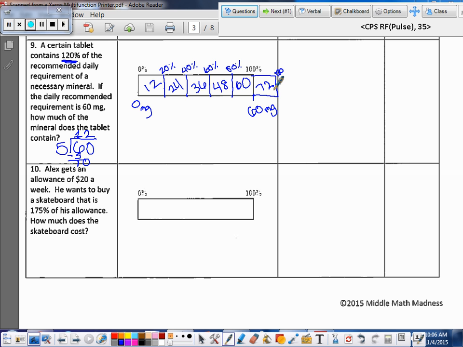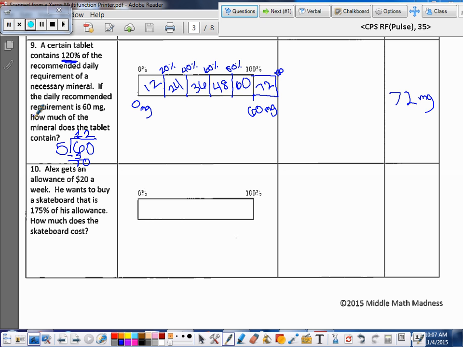So, how much does the super tablet contain? Okay, because here's the reason why. That's a good question. Why did I add a box? Because before I added this box, what percent did I have? 100. But what percent do I want? 120.